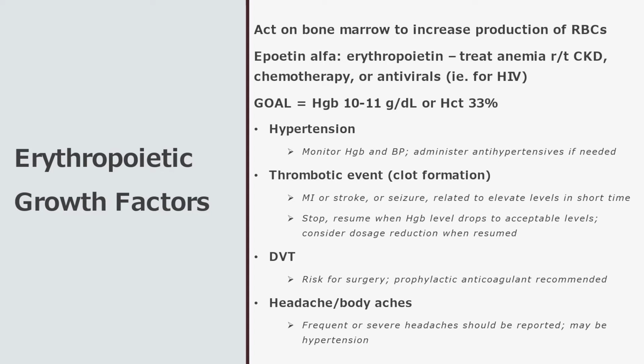Also, there is the concern of DVT. So this is more so if a client taking erythropoietin is going for surgery, then they are likely to have a DVT after surgery. So we recommend giving them a prophylactic anticoagulant to prevent DVT after surgery.